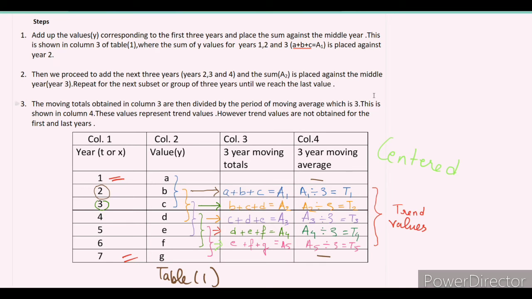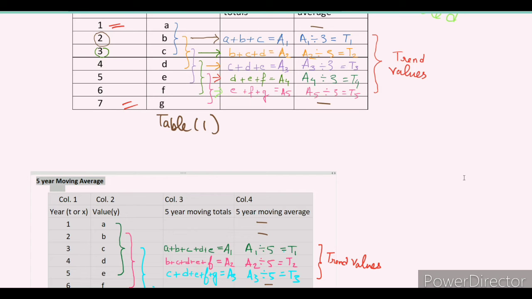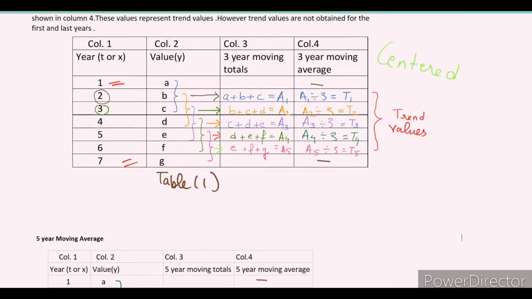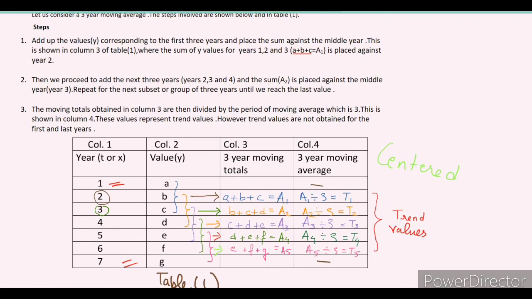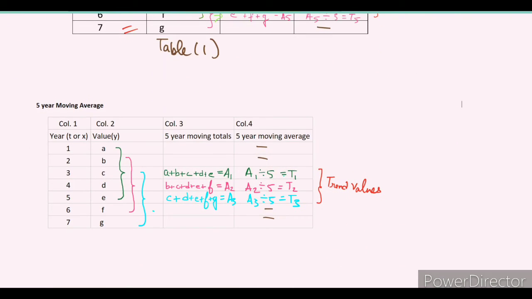Now let us take the case of a 5-year moving average. The procedure is the same; the only difference is we're taking a longer period, which is 5 years. We add up the values corresponding to the first 5 years, A, B, C, D, E, which are years 1, 2, 3, 4, 5.